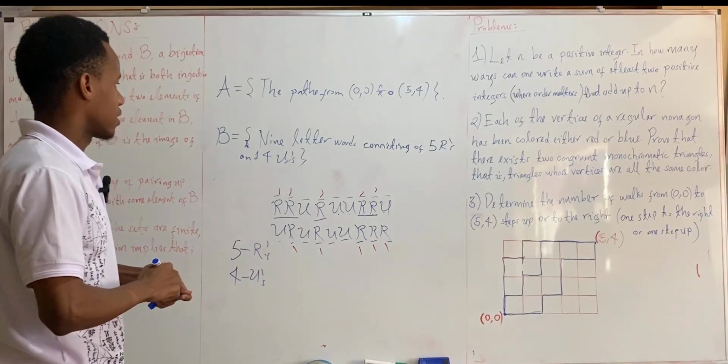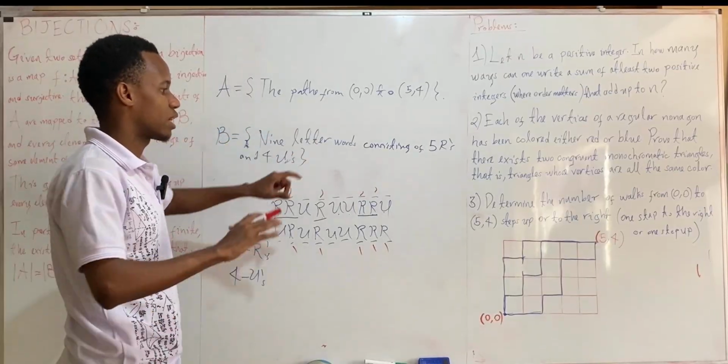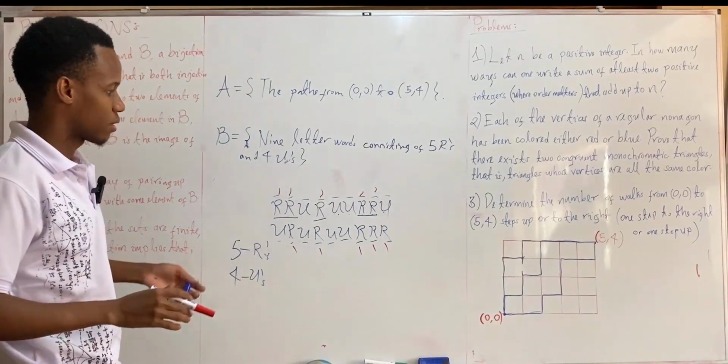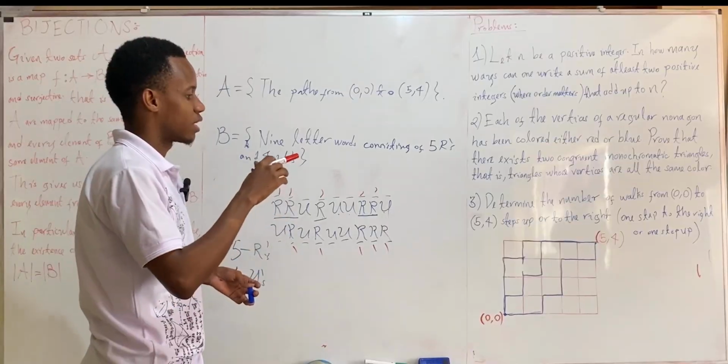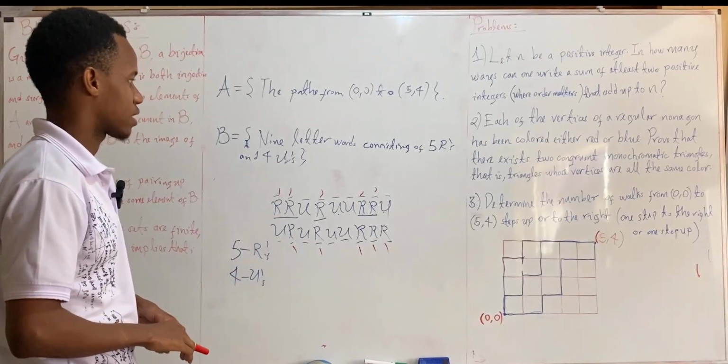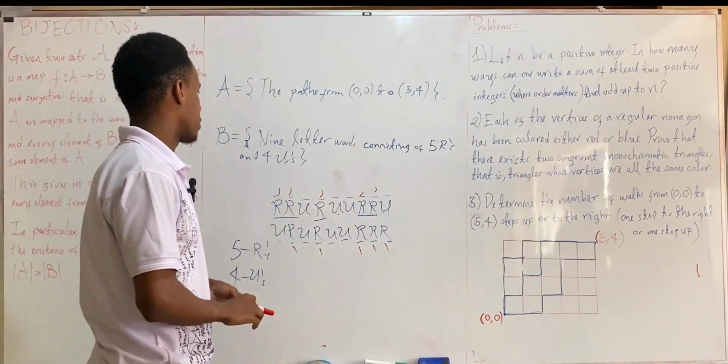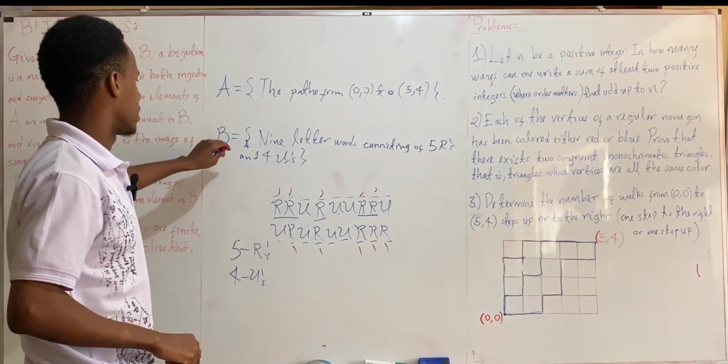So this is the set of 9 letter words consisting of 5 R's and 4 U's. It does not matter the order in which the R's or the U's are placed. As long as there are 5 R's and 4 U's, it has to be in this set.